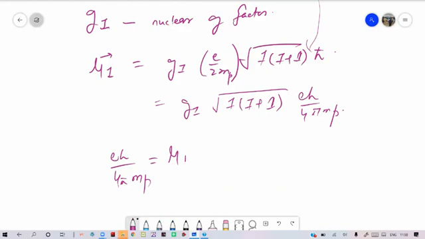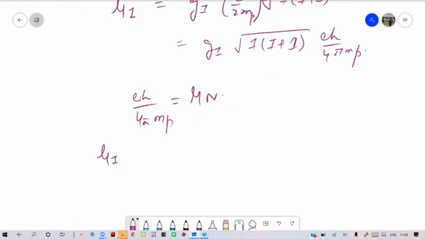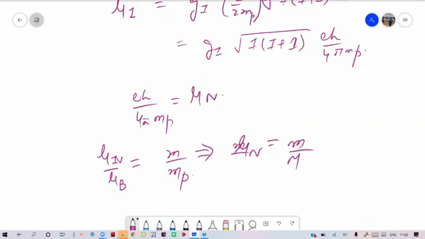And if you calculate the ratio of mu_n over mu_B, it is m by m_p, which gives us that mu_n will be equal to m by m_p into mu_B.